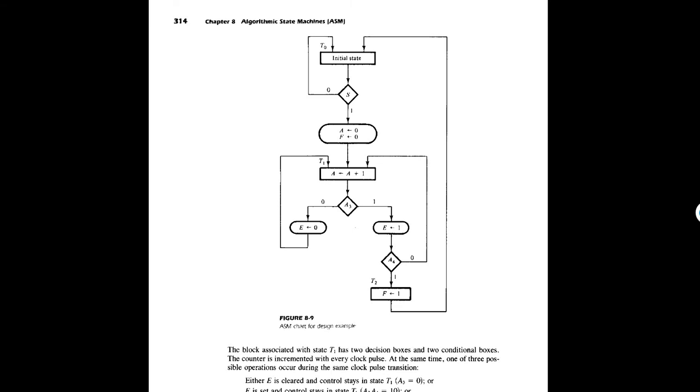So you are going to talk about the present state. As in the present state A3 is equal to 0, E is going to be set to 0. You have incremented A and then you got 0, 1, 0, 0, fine. Then in the next pulse it would determine it, and then you would have E equal to 1.